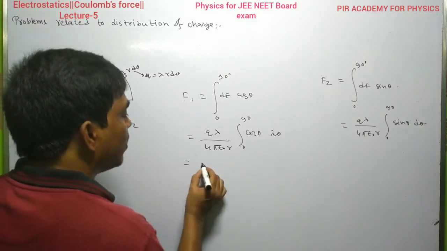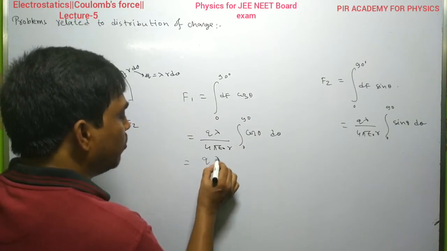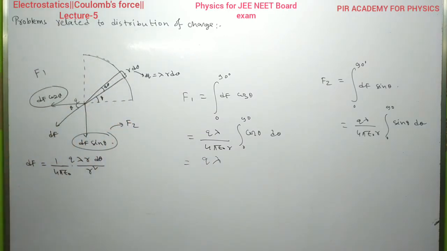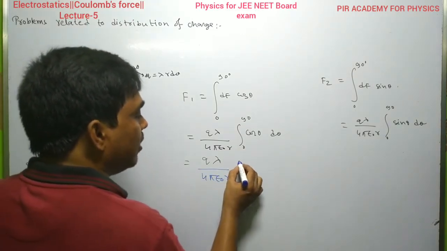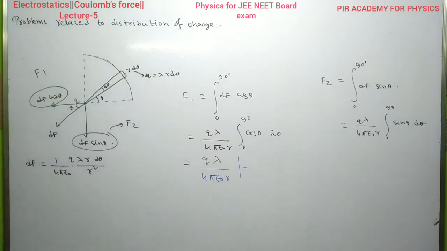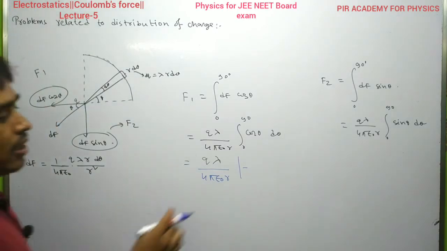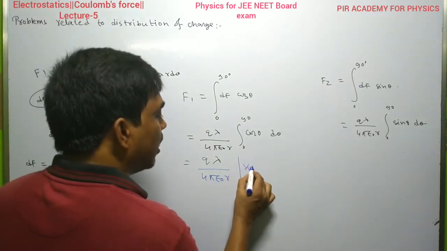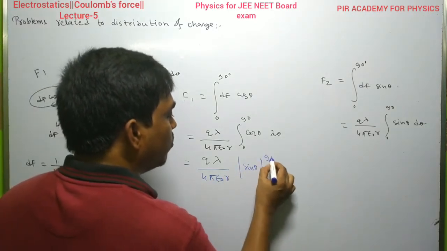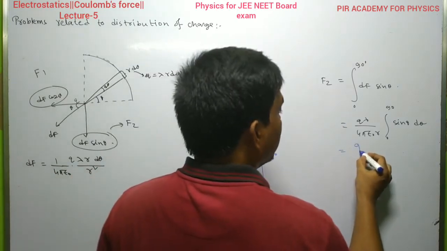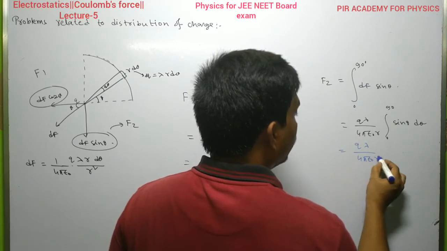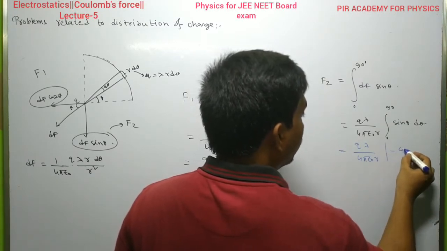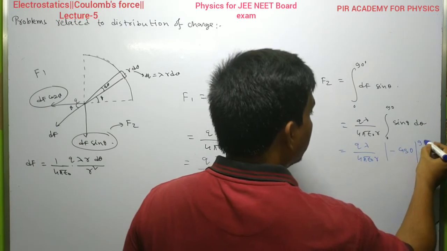It will be q lambda by 4 pi epsilon naught r times the integral of cos θ, which is sin θ, from 0 to 90 degree, and here will be q lambda by 4 pi epsilon naught r times minus cos θ, from 0 to 90 degree.